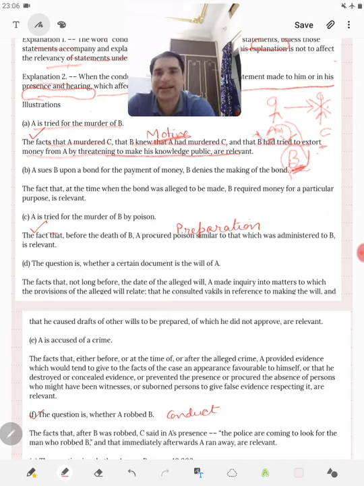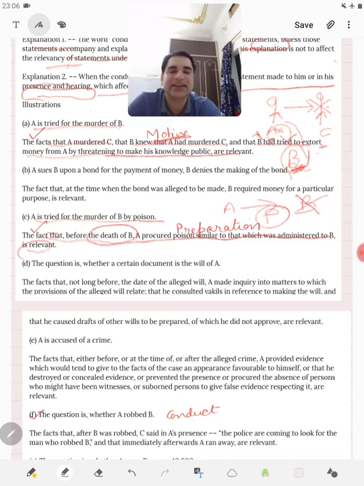Then another is that A is tried for murder of B by poison. So A is accused that he has killed B by giving poison. Then the fact that before the death of B, A procured poison similar to that which was administered to B is relevant.